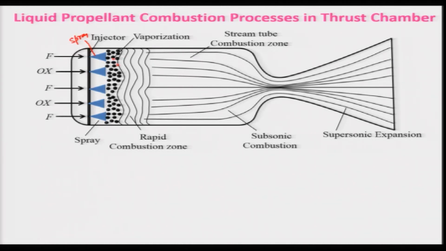There might be some smaller droplets. It is quite complex, and when it starts vaporizing, of course, you should have some ignition energy if it is a non-hypergolic propellant, and if it is a hypergolic propellant, liquid phase combustion can take place as well.